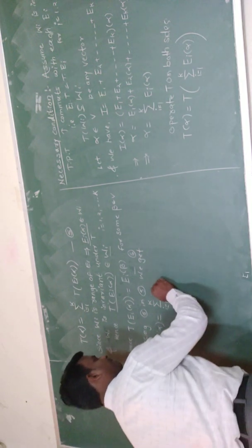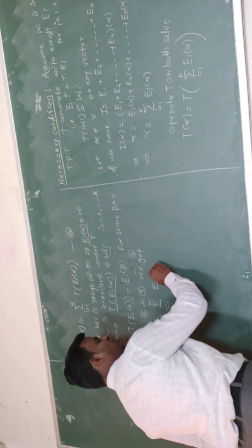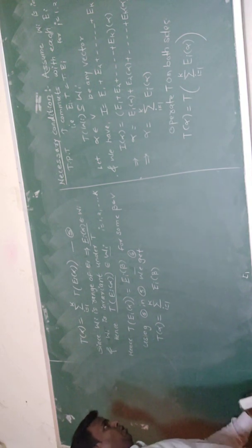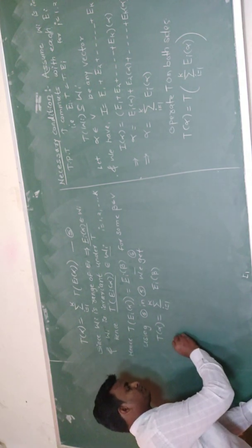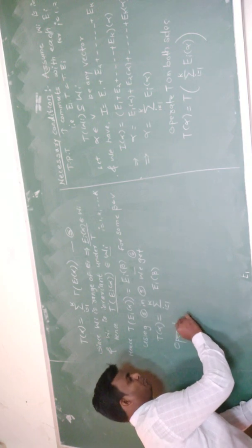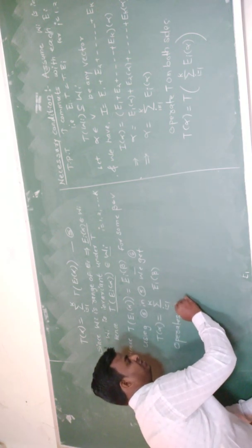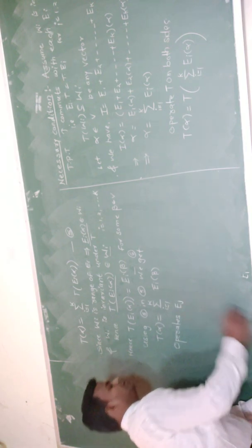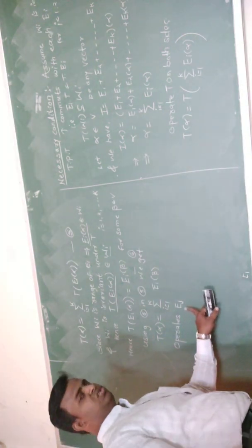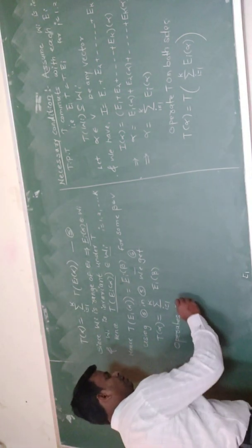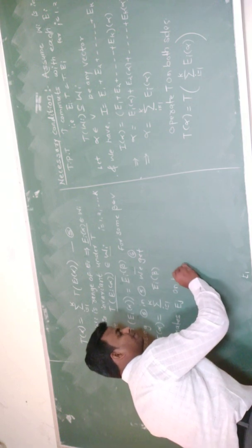Now operate E_j on both sides. E_j is any projection on V, E_j on both sides.